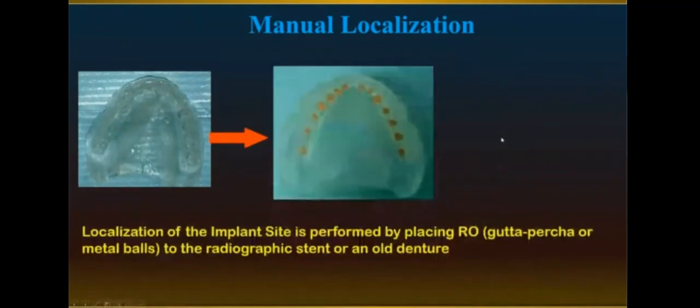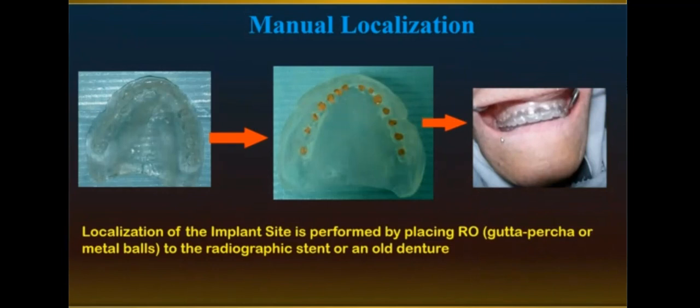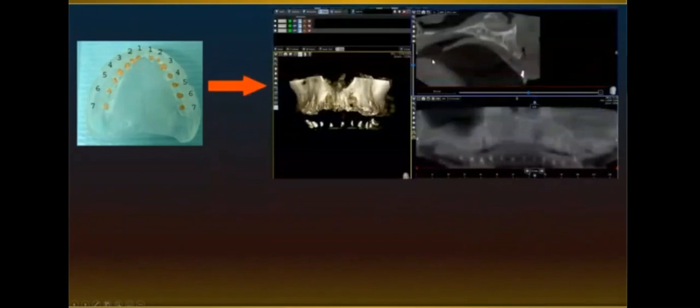In this method, we use a radiographic stent or the patient's denture, and we place a radiopaque marker like gutta-percha points, metal balls, or composite. And we tell the patient to wear it and to have the CBCT while this appliance is in his mouth. Therefore, when I have the CBCT of the patient, I am sure that this gutta-percha, for example, corresponds to this image.